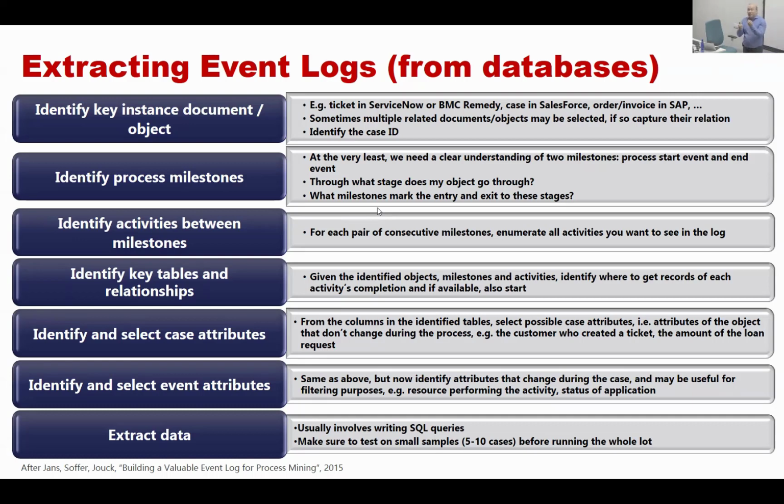The first thing you need to do is think about your process and think, what are the business objects or documents that are manipulated in this process? Usually, they come from the name of the process. So for example, in an order to cash process, the purchase order is an important business object.